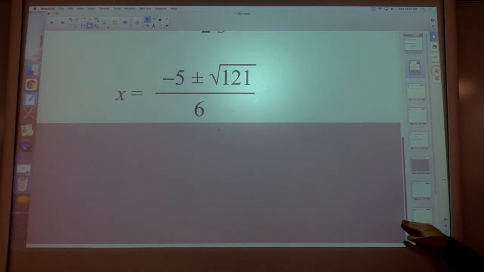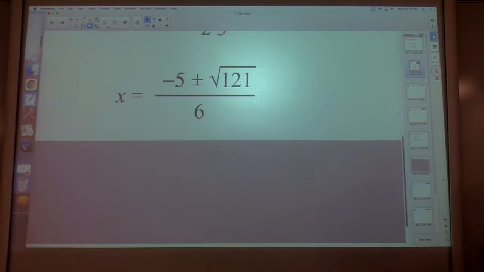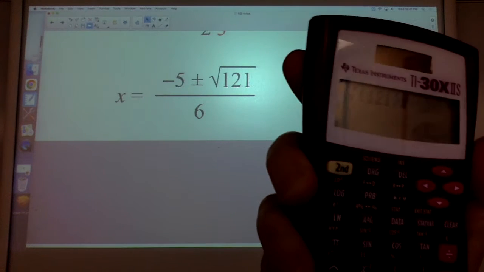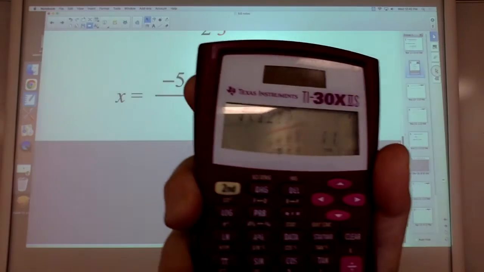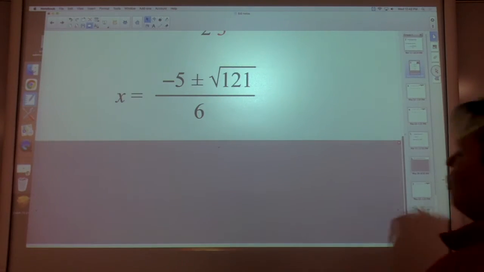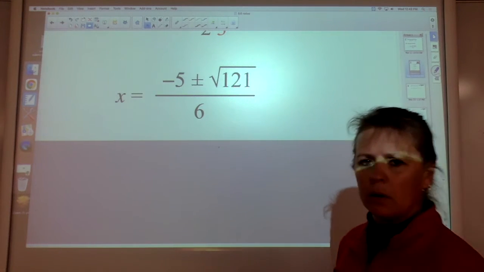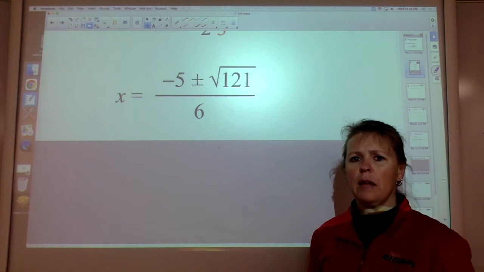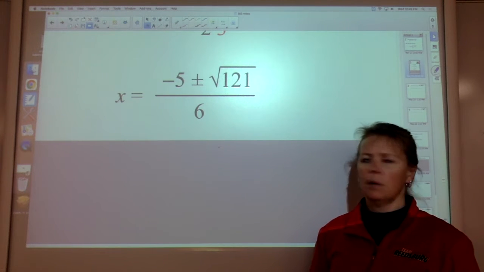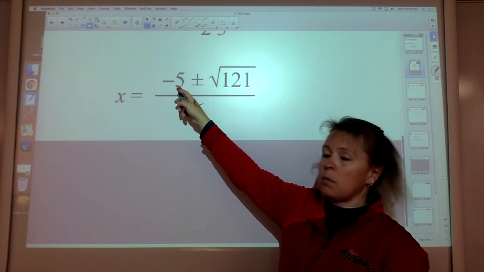From there, what is the square root of 121? If you don't have your perfect squares memorized, use your handy-dandy calculator, or ask Siri, and it is 11. There's no plus or minus sign on your calculator. I don't know how you could ask your calculator to add this and subtract it at the same time. It can't. Nobody can. So we're going to separate this into 2 separate problems.